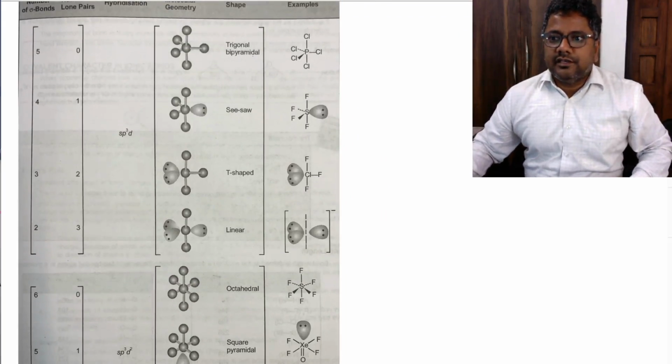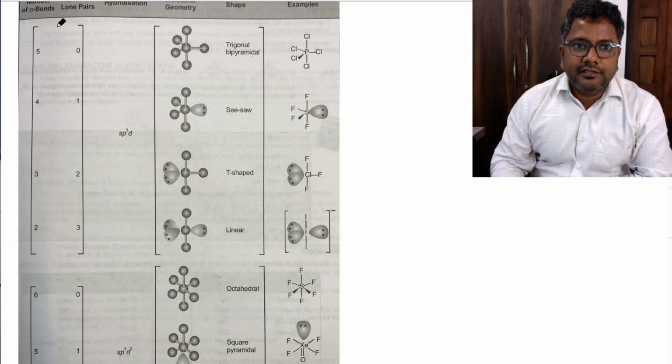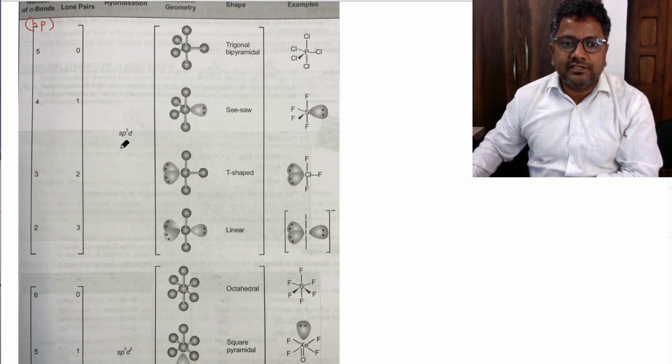Now you can see the next case. See, these are bond pairs. So sp3d.